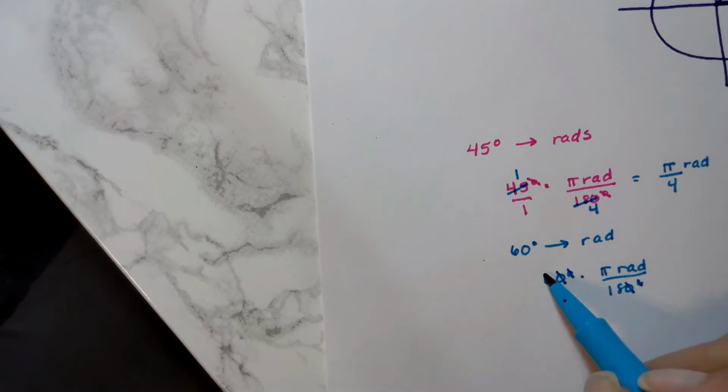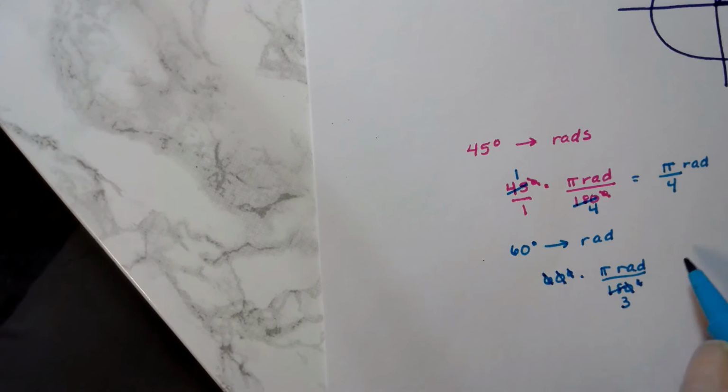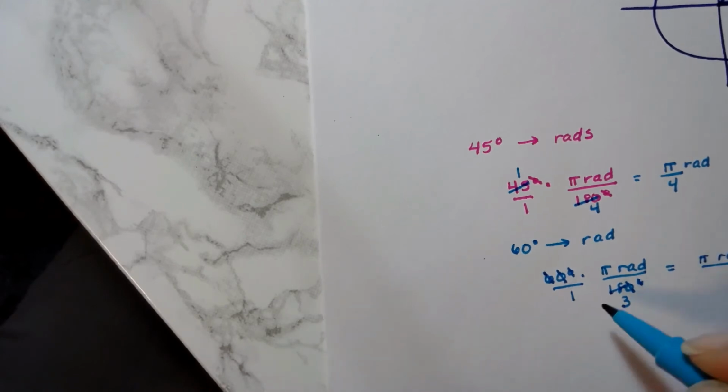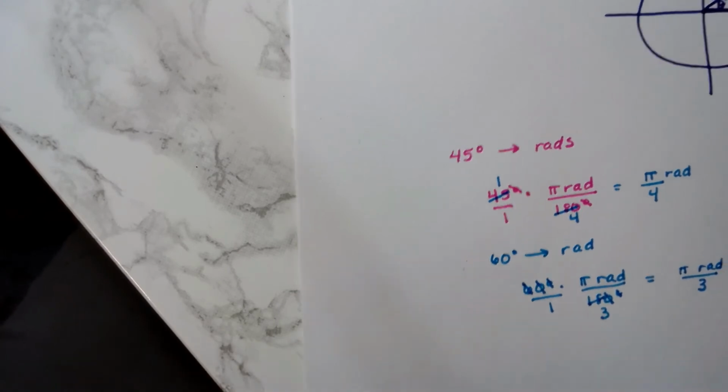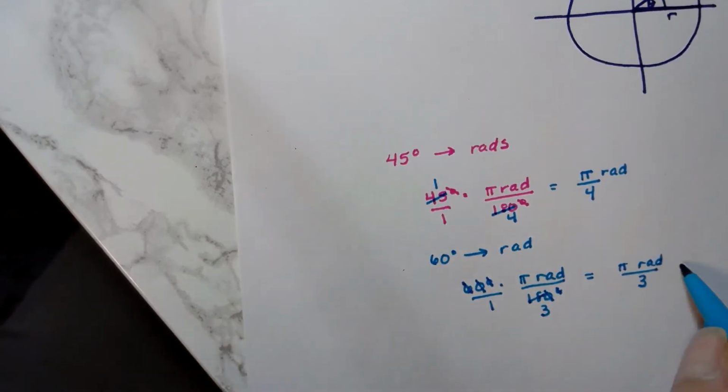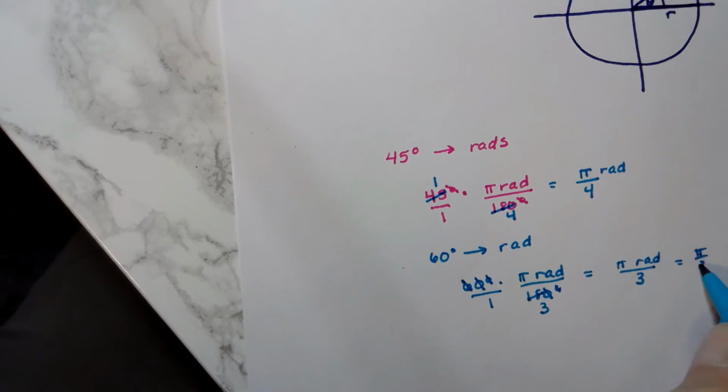I know that 6 goes into itself once, and it goes into 18 3 times. So, and again, put that over 1 if you want to. In the numerator, I'm left with 1 times pi radians. So I have pi radians on top. And on the bottom, I have 1 times 3, or 3. So 60 degrees is equal to pi over 3 radians, or rads.